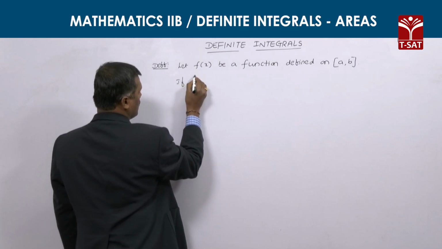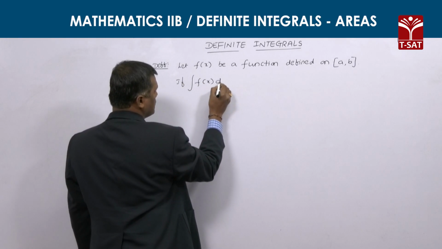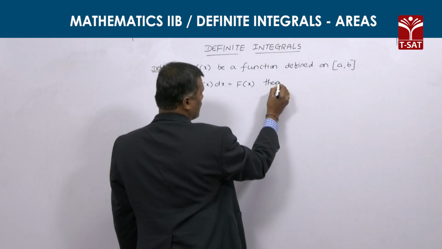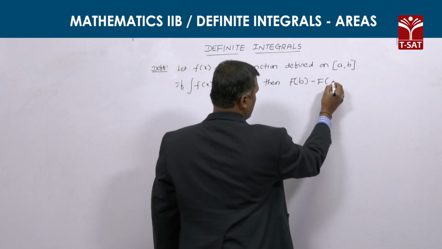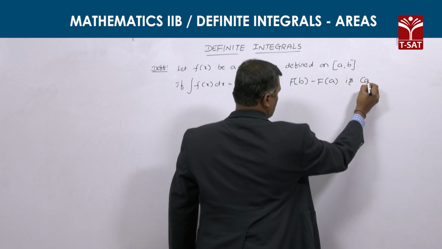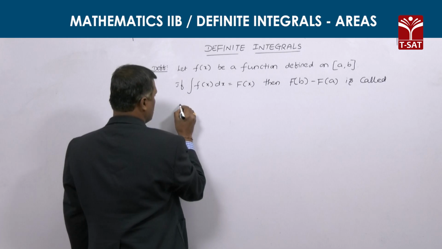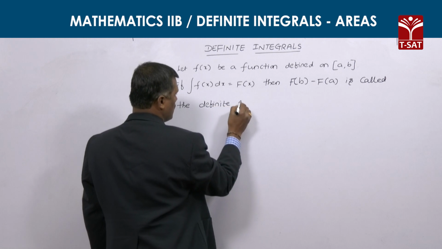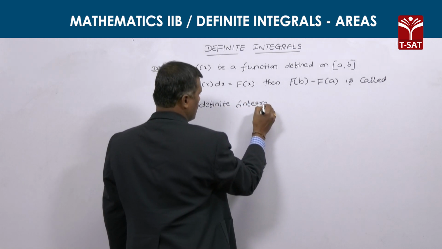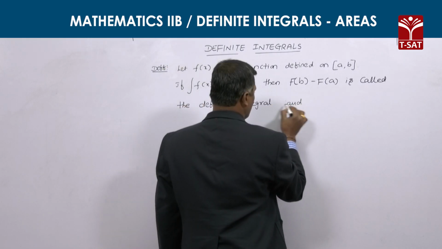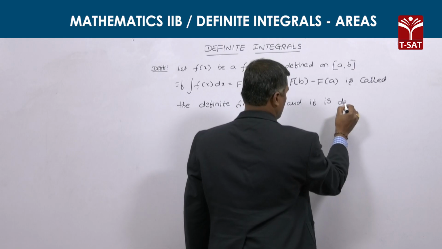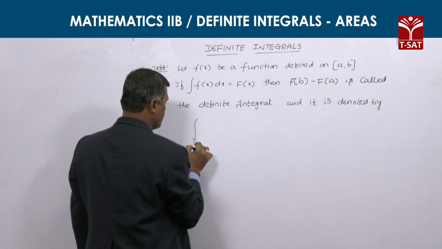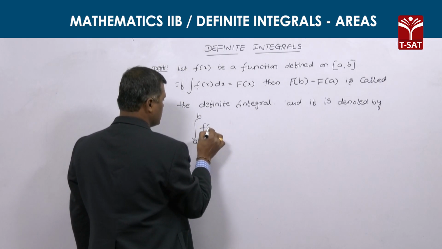If integral of f of x dx is equal to capital F of x, then F of b minus F of a is called the definite integral, and it is denoted by integral of a to b f of x dx.